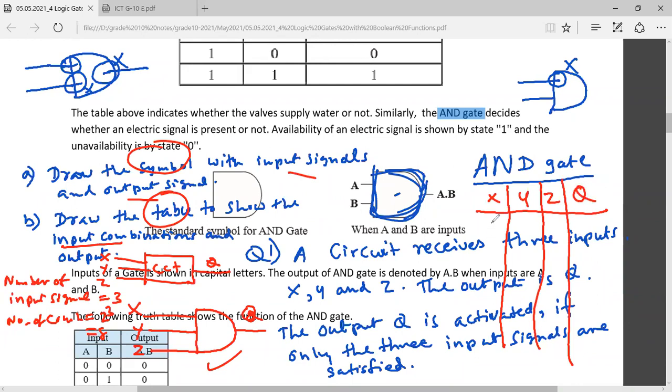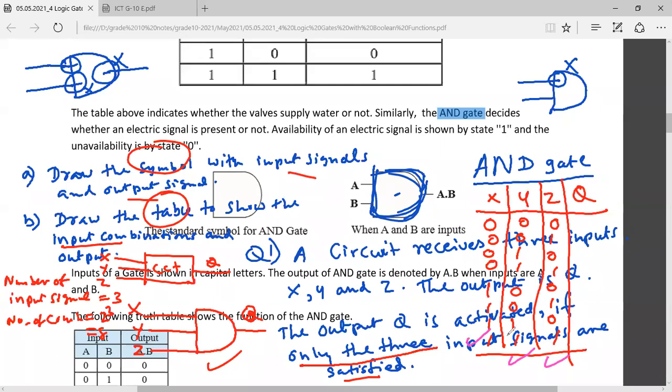Q. So 0, 0, 0, 0, 1, 1, 1, 1. අටයිනේ. අටෙන් හතරක් 0. 0, 0, 1, 1. 0, 0, 1, 1. 0, 1, 0, 1. 0, 1, 0, 1. So they have mentioned only the 3 input signals are satisfied. Here it is satisfied.